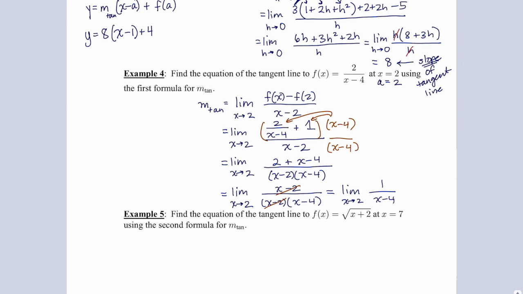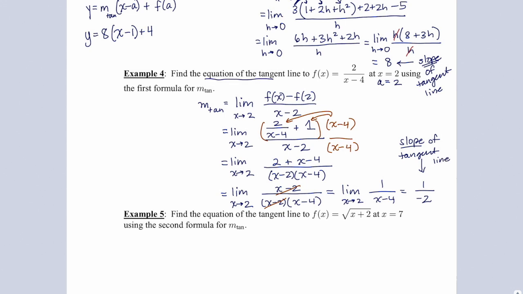And this form is one that allows me to do direct substitution. So now I can just say this is 1 over negative 2. So negative a half for the slope of the tangent line. And we want the equation of the tangent line.